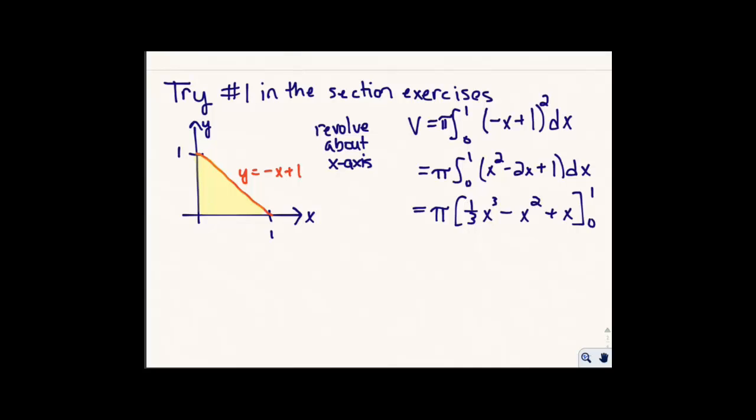So we end up with pi times 1/3 minus 1 plus 1. So the minus 1 and the plus 1 cancel, and we end up with the answer pi over 3.